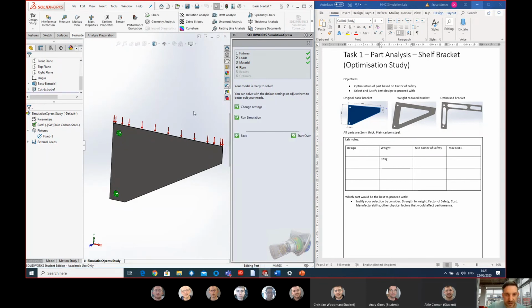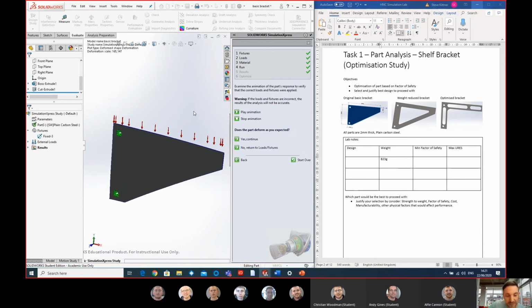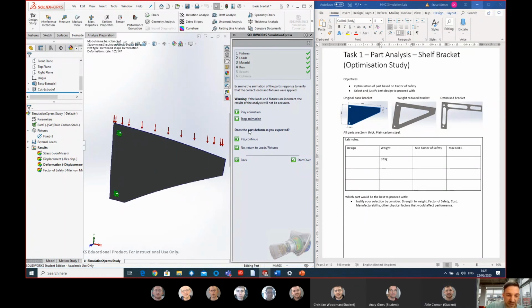Should only take a few seconds. And obviously, depending on how much RAM you've got on your computer will depend on how fast that simulation runs. Okay, so you get this little animation which is showing the deformation or displacement. I'm going to stop the animation because it doesn't really tell me a lot.